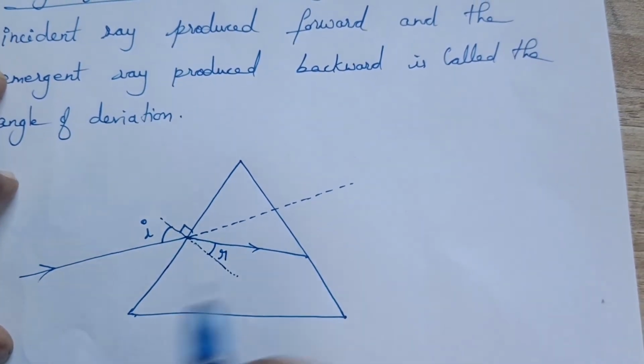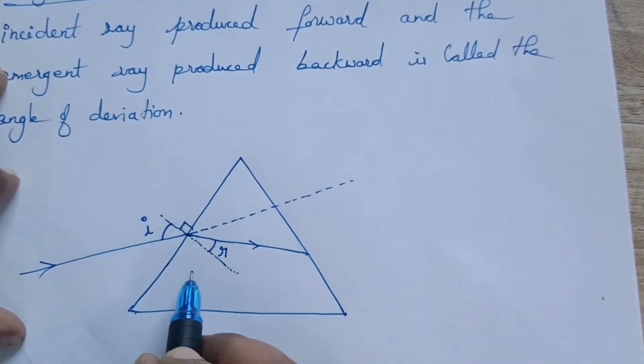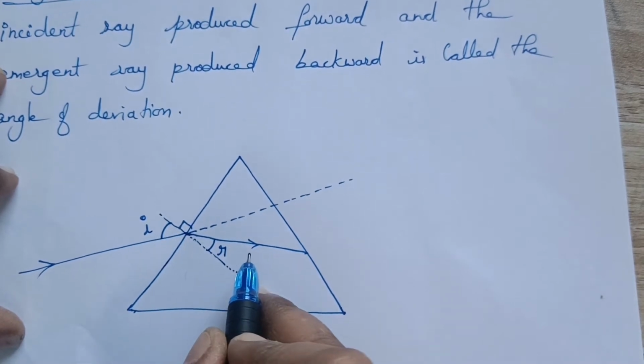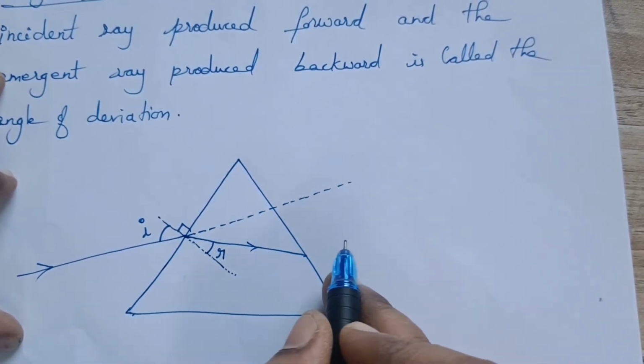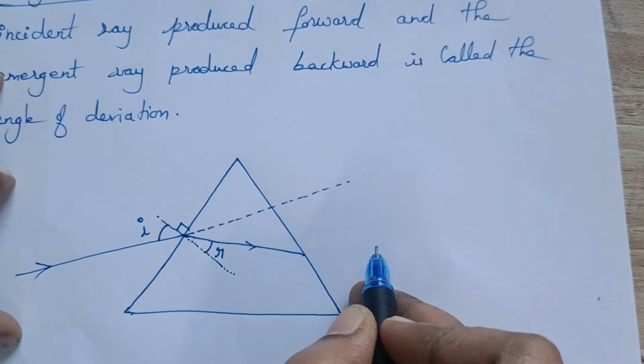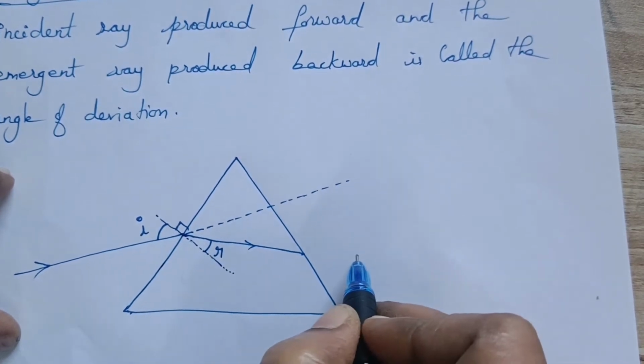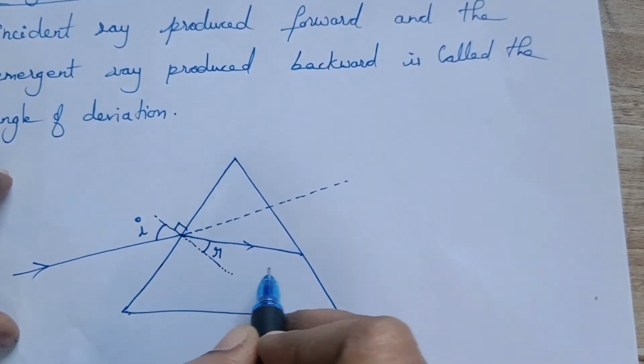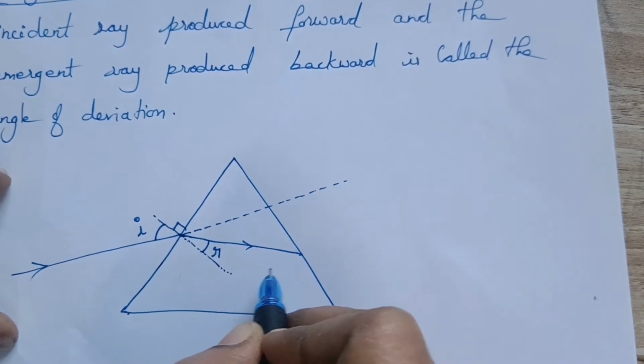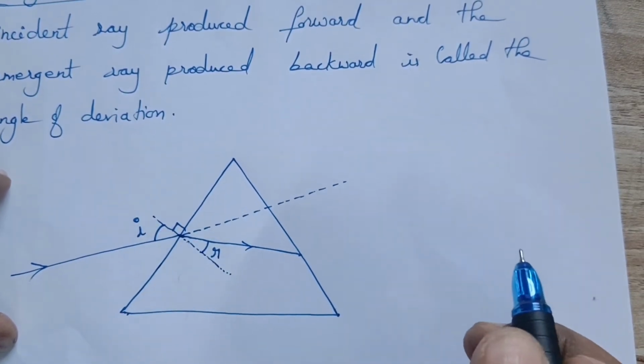Next, from the glass, from the denser medium, it will emerge out of the prism into the rarer medium. What will happen when it enters from denser to rarer? It moves away from the normal, right?